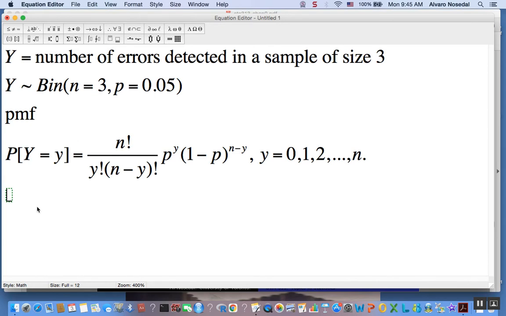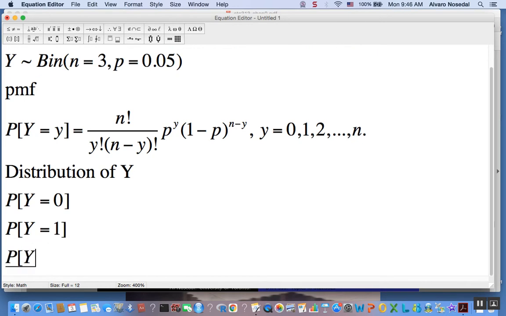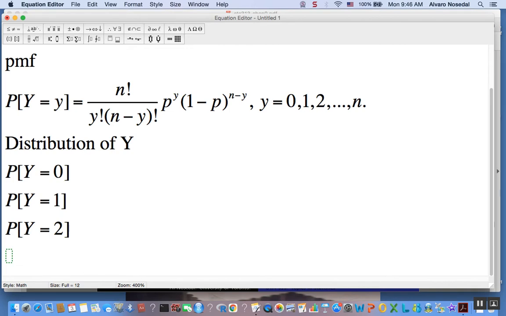So the distribution of Y is just, we need to find these probabilities: the probability that the random variable Y is 0, the probability that Y is 1, the probability that Y is 2, the probability that Y is 3.